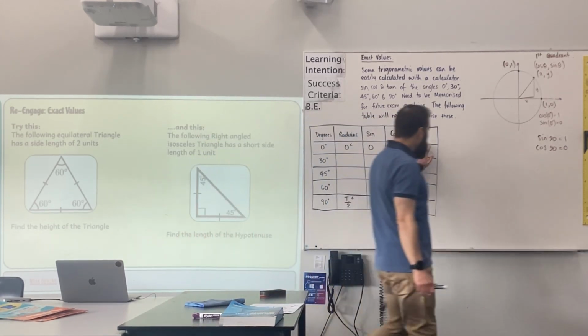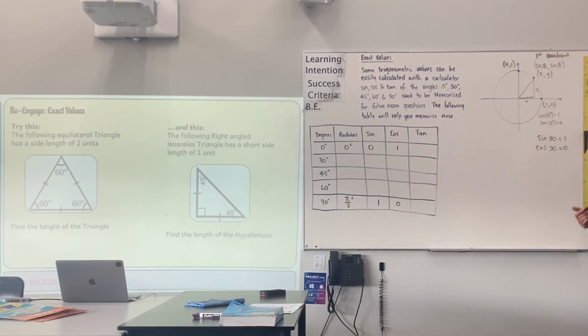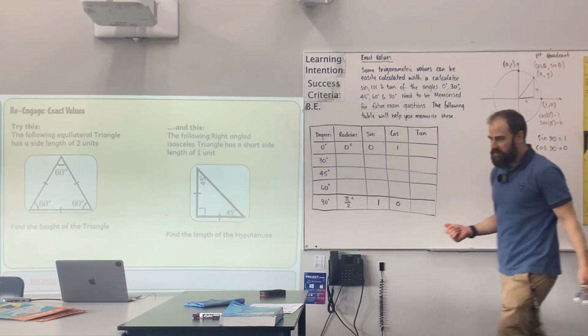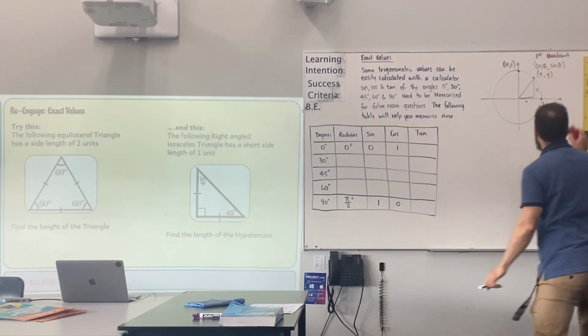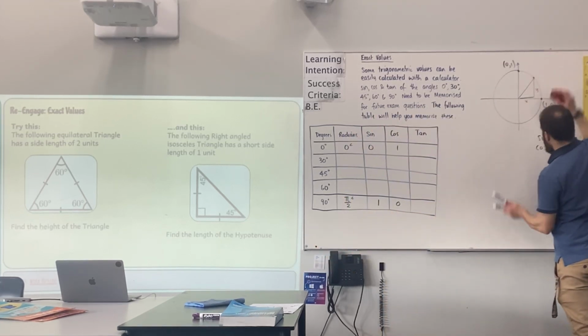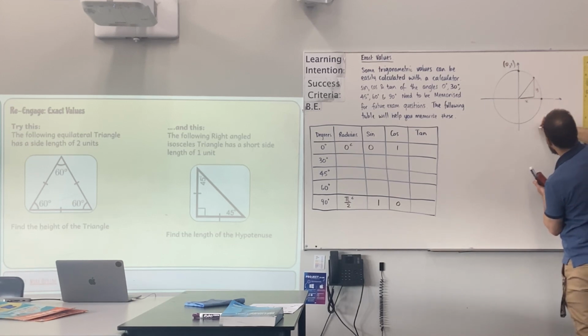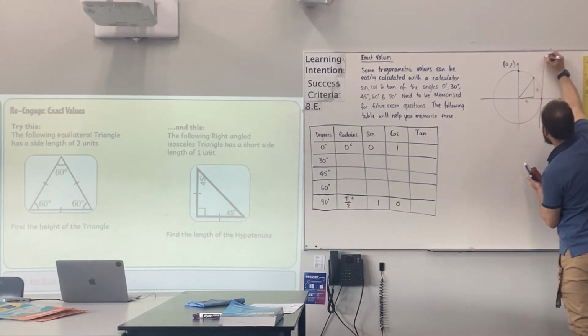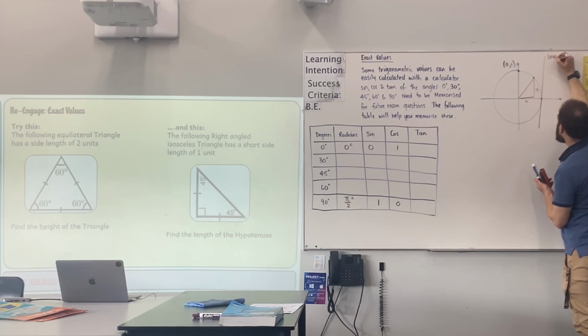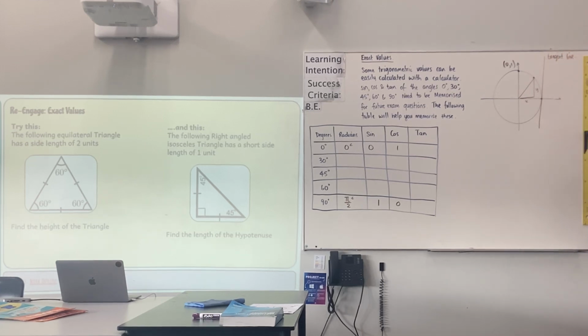Okay, so what is tan? Well, there's a couple of ways we can look at tan. The first way is that tan is actually a length. This is the tangent line because it is a tangent to the circle at the point 1, 0.